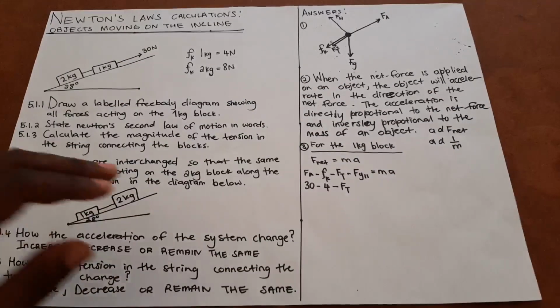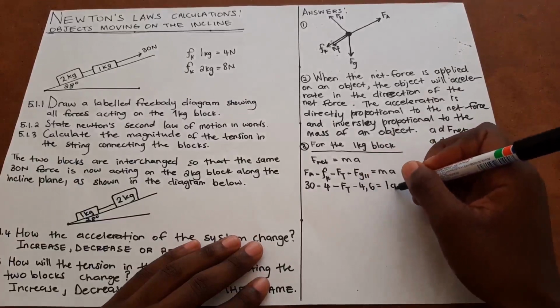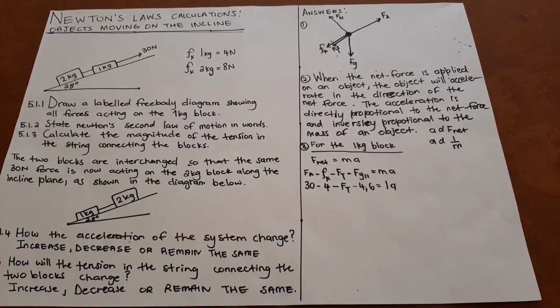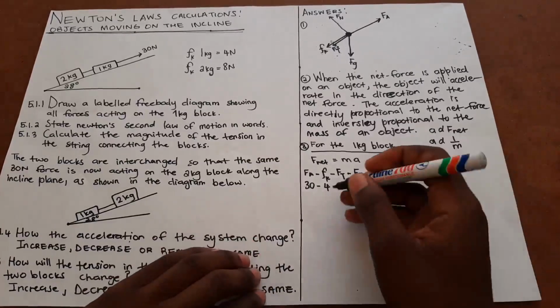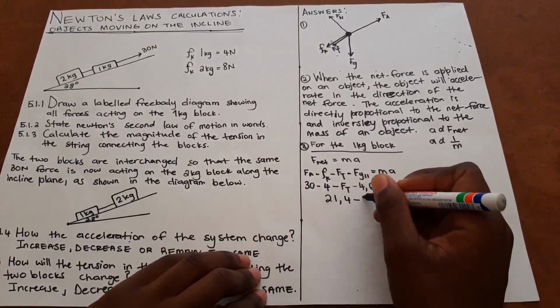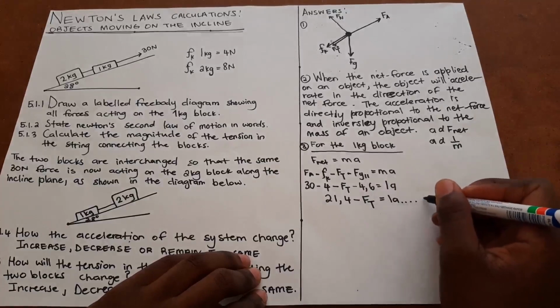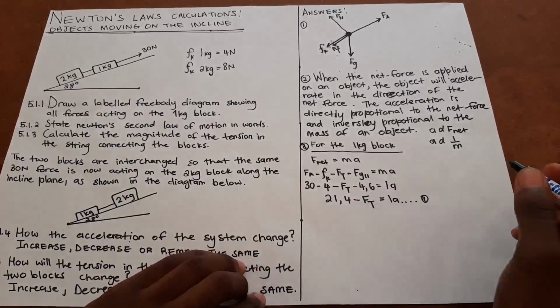So let's substitute: 30 minus 4 minus 4,6 is equal to 1 multiplied by A. Using the calculator, that gives us 21,4, so 21,4 minus FT is equal to 1A. This becomes our very first equation.